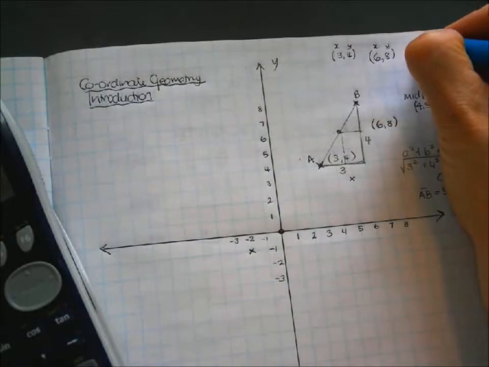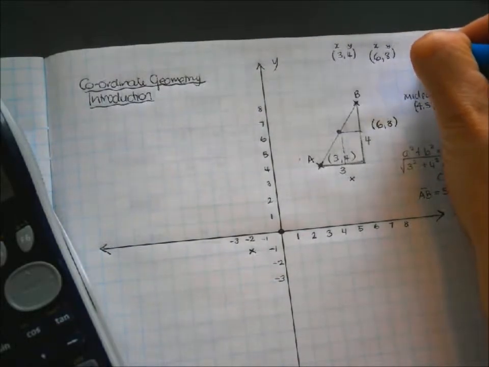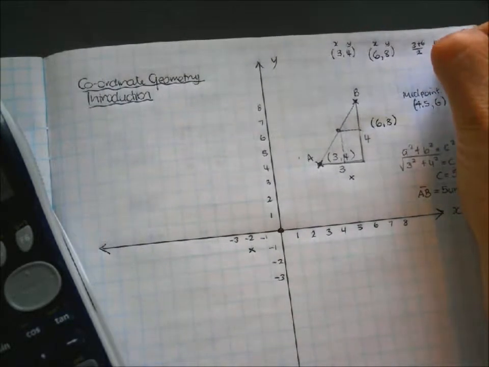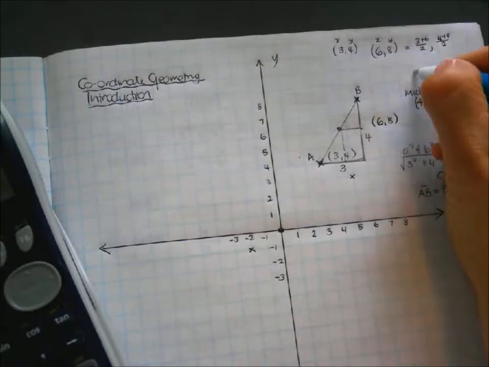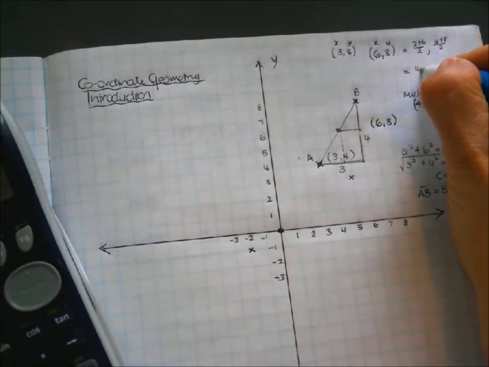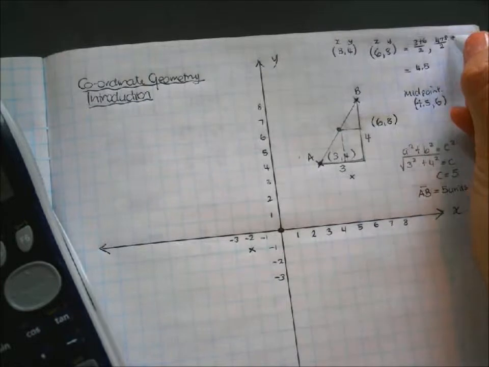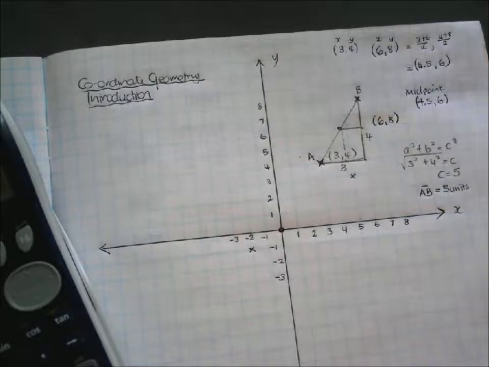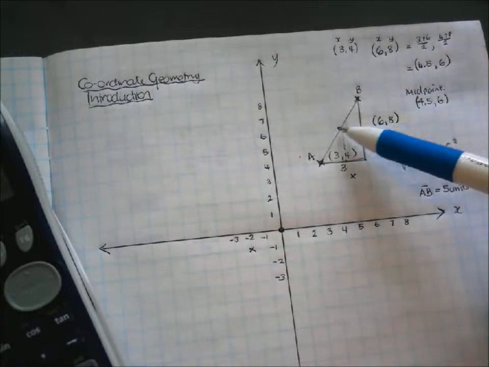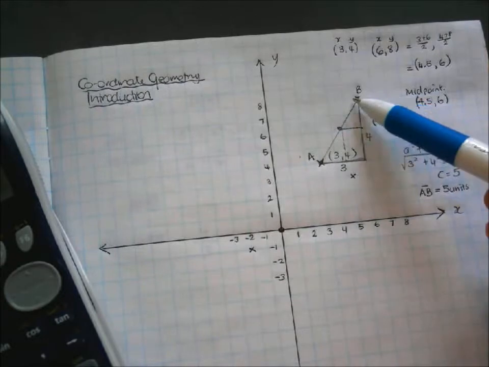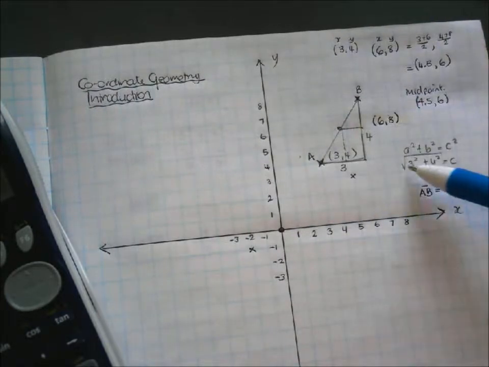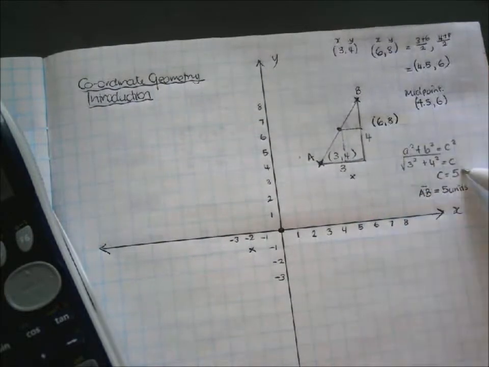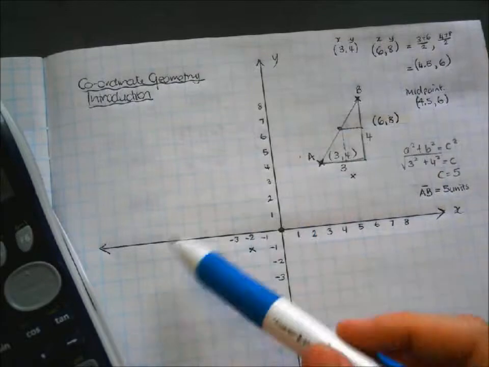Now if I average 3 and 6, 3 plus 6, divide by 2, and I average 4 plus 8, 4 plus 8 and divide by 2, I get 3 plus 6 is 9, divide by 2, 4.5. 4 plus 8 is 12, divide by 2 is 6. That is my midpoint. So to recap, the midpoint is the average of the 2 points. The distance between A and B is simply using Pythagoras', squaring this side, adding them together and square rooting them to give you the distance.